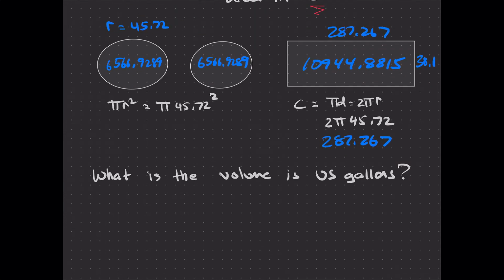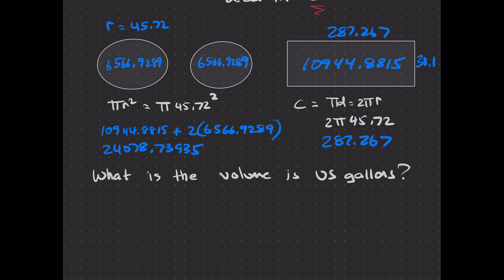Now, what do we end up with right here? Well, to calculate the total surface area of this object, I'm going to take 10944.8815 and add that to 2 times this number right here for the area of the circles, and we get a total of 24078.73935.